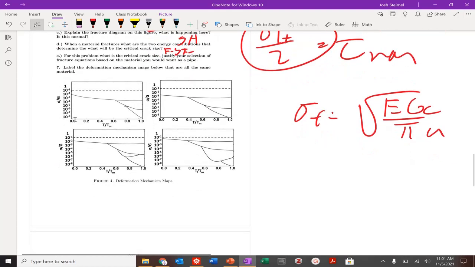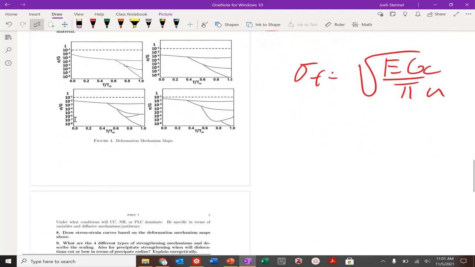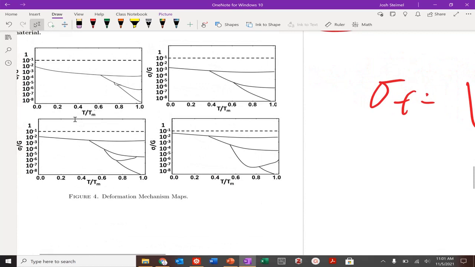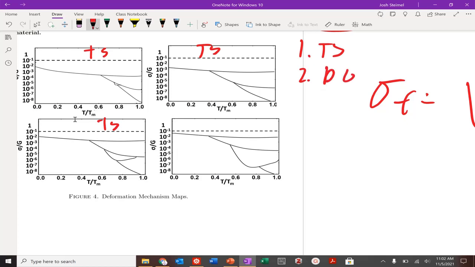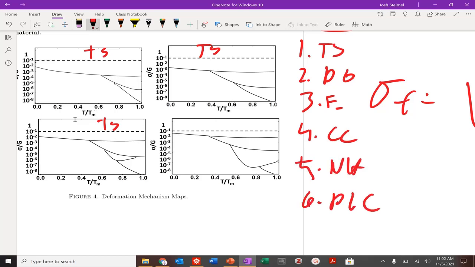All right, label the deformation mechanism maps. Well, we know, let's get into here. This is my theoretical. Actually, I'm just going to do this. 1, TS, 2, dislocation glide, 3, elastic, 4, Coble creep, 5, Nabarro-Herring, and then 6, power law creep. So I'm going to do 6, 6, and 6 and 6.